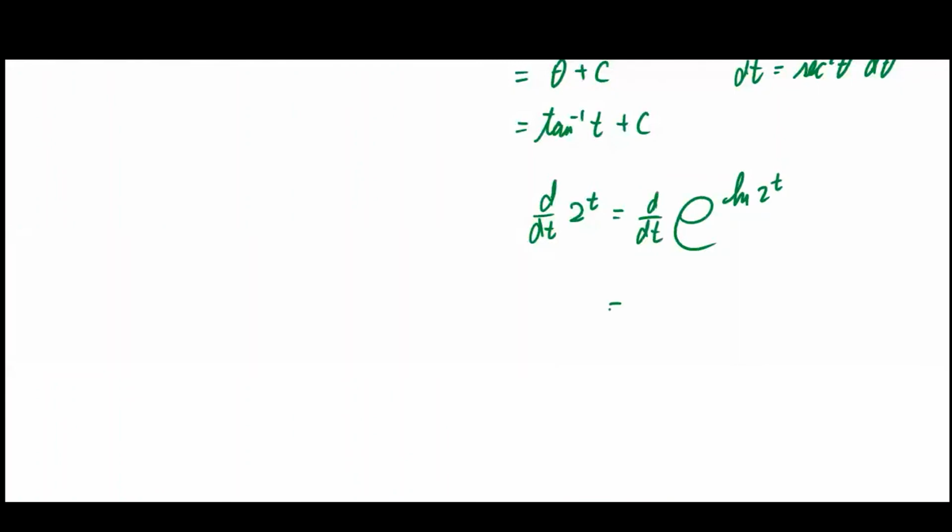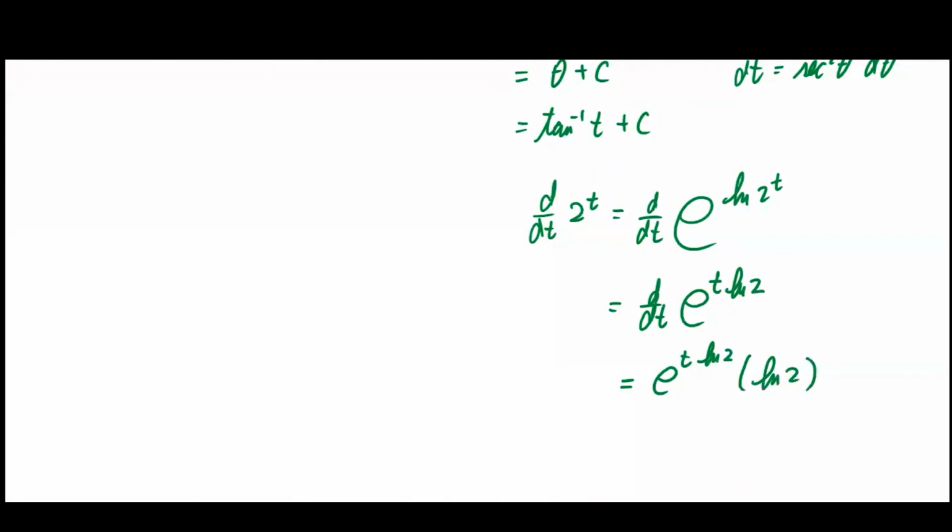And e can get a little smaller, ln 2, and that t comes to the front. Now we can differentiate. So e to the something, derivative is still e to the something. And then chain rule creates this.